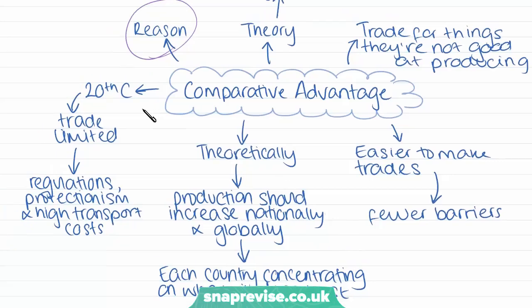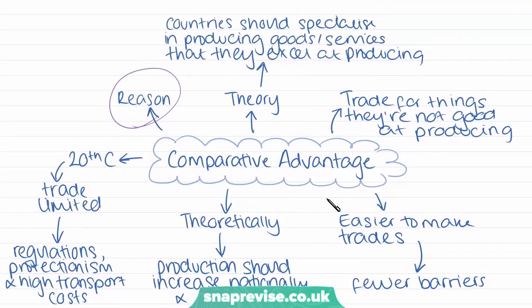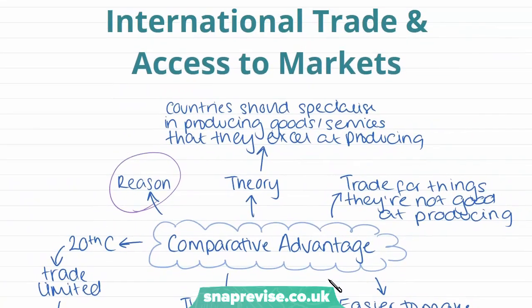However, in the 20th century, trade has been limited due to regulations, protectionism, and high transport costs, so production hasn't increased as much as it has theoretically been expected to because of these limitations, but the removal of trade barriers will increase this amount of trade. So essentially, comparative advantage is countries focusing on the items that they produce the best and then trading those for the items that they aren't good at producing.